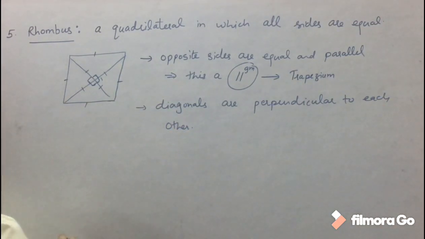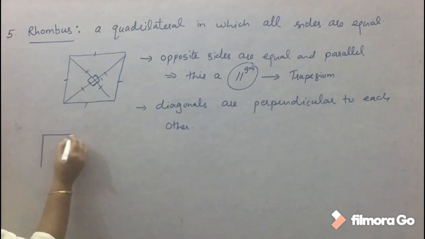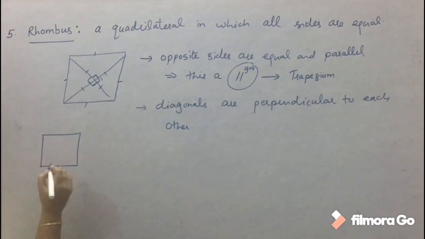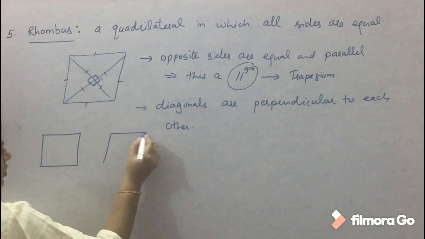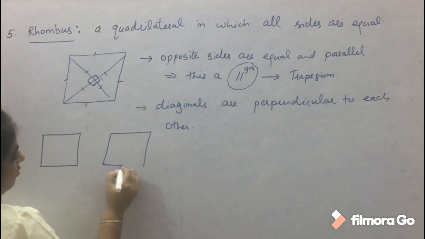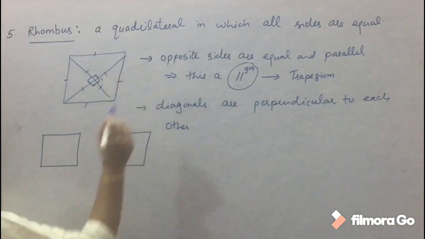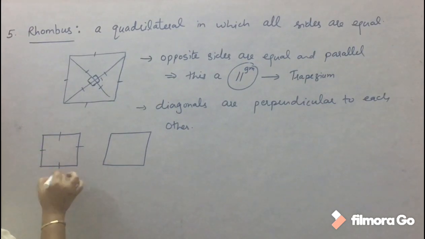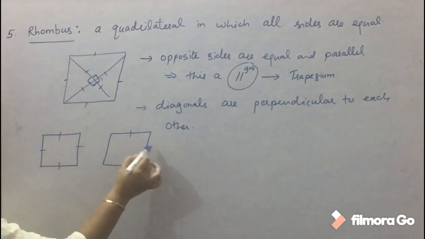Now we will see this about square and rhombus. This is a square and this is a rhombus. The properties of a rhombus are that all sides are equal. In this also we have all sides equal.